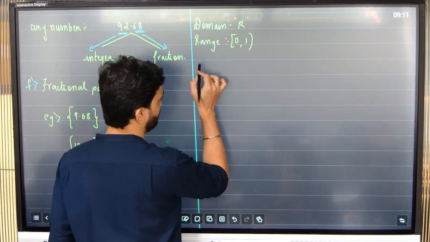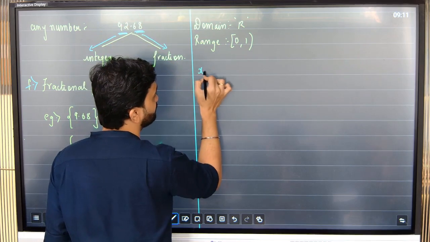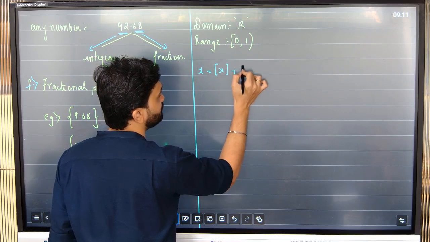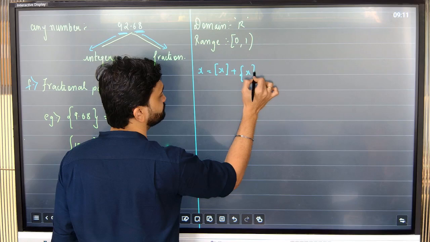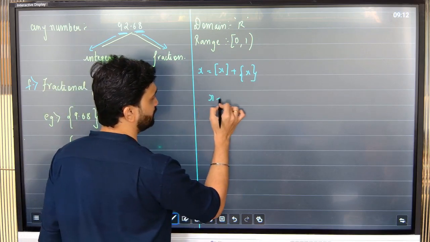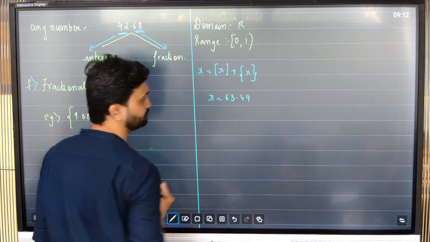Now, formula for that. As I told you, any number is a combination of greatest integer plus fractional part. Any number, x का value लेते हैं 63.49.